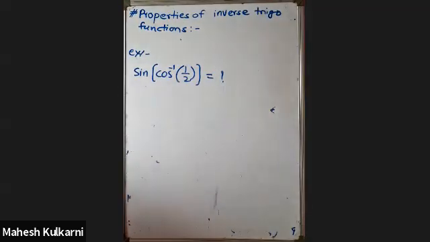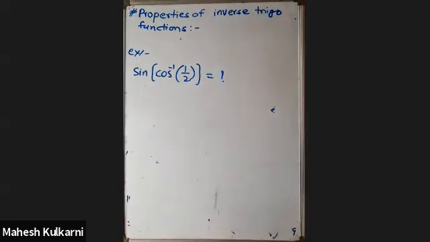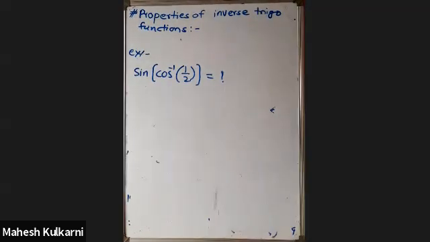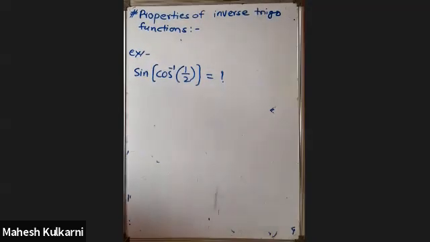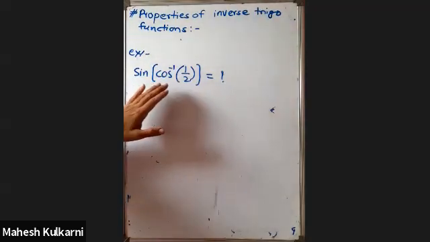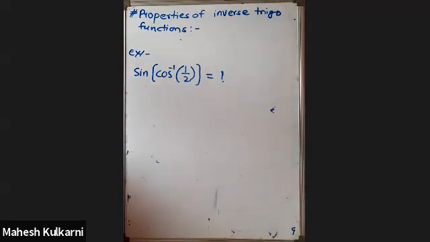Now, if you revise properties, we have discussed properties of sine of sine inverse, cos of cos inverse, tan of tan inverse, etc. But if you observe here, it is sine of cos inverse of 1 by 2. Now to solve this, sine of cos inverse of 1 by 2.